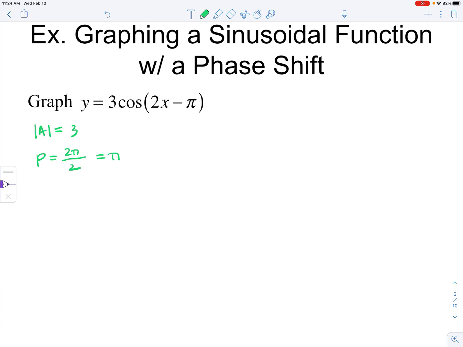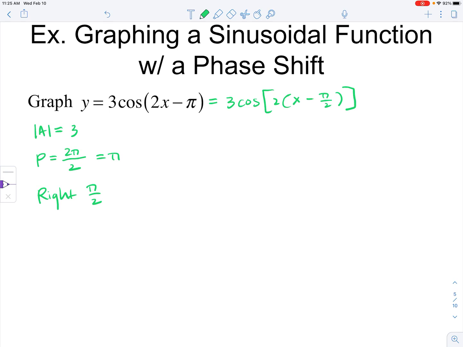Now, because x is being multiplied by 2, in order to see the actual horizontal shift, we need to factor out the 2. The horizontal shift is not right pi units. So factoring out that 2, we're able to see that the actual horizontal shift is to the right pi over 2 units, since that's x minus pi over 2.